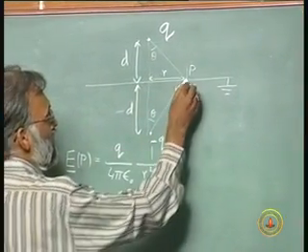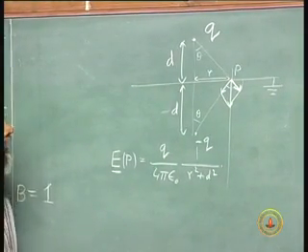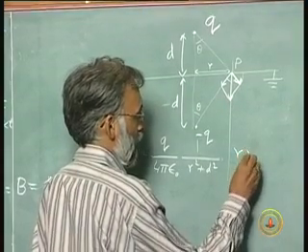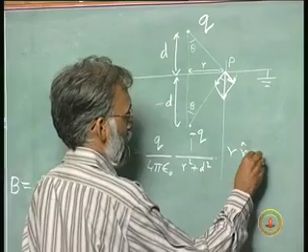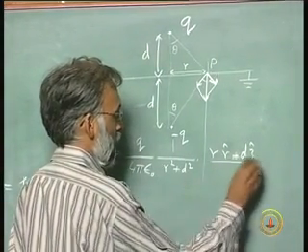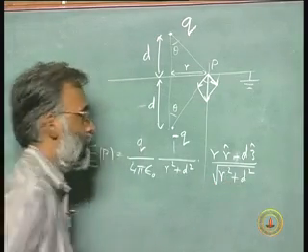The direction is, I can construct it out of these two components. So, it is equal to r hat plus minus d z hat divided by square root of r squared plus d squared.